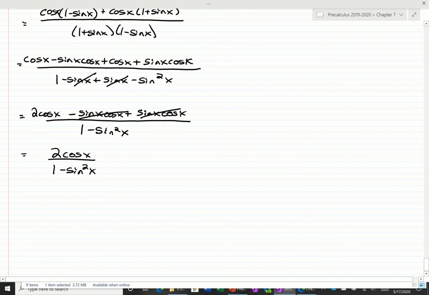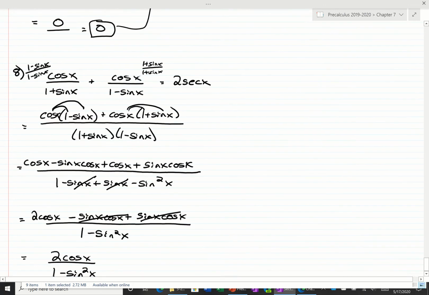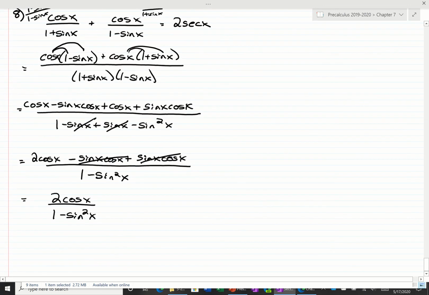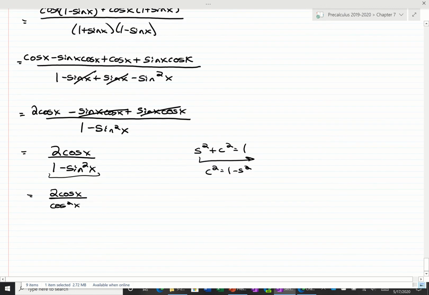And we got kind of stuck. So what are we supposed to get? We're supposed to get 2 secant. Secant is 1 over cosine, right? So somehow we have to get cosine on the bottom. So if sine squared plus cosine squared is 1, that means 1 minus the sine squared is cosine squared. This would cancel with one of these.